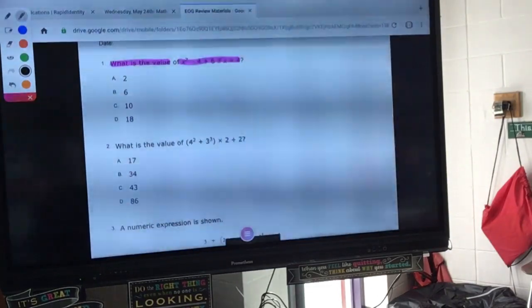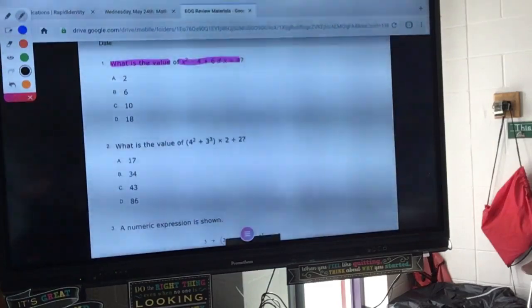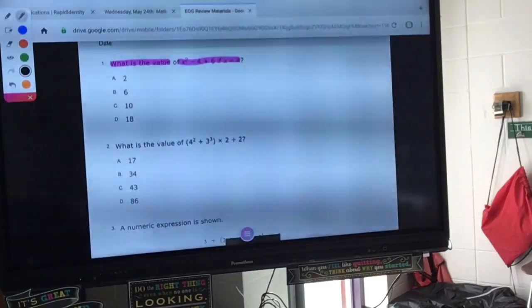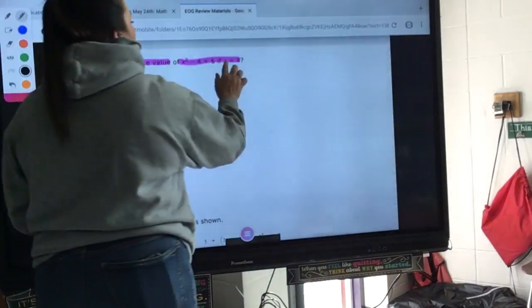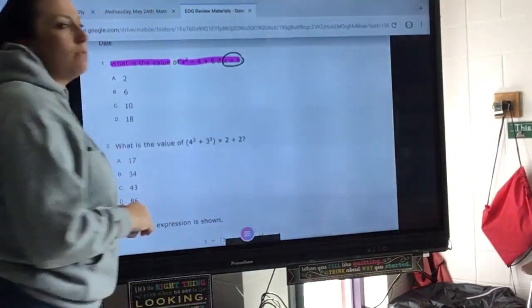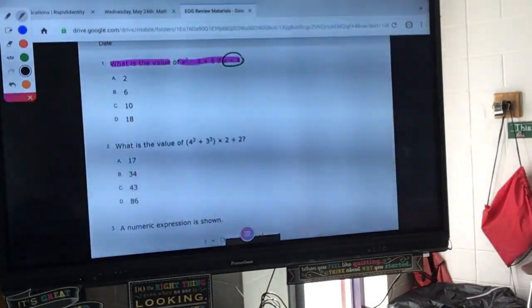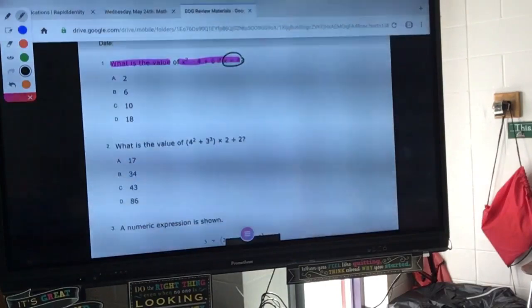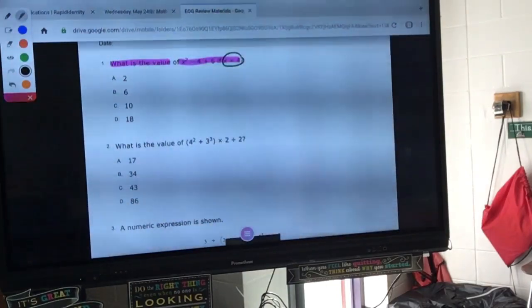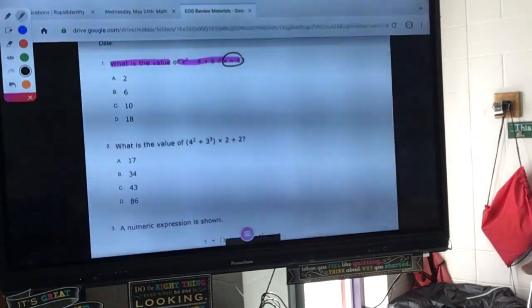Alright, it says what is the value of x squared minus 4 plus 6 if x equals 4? So what do we have to do with this? What do we have to do to solve this problem? Well, there were like 15 of you that stood up, so I'm assuming 15 people know what to do with that.